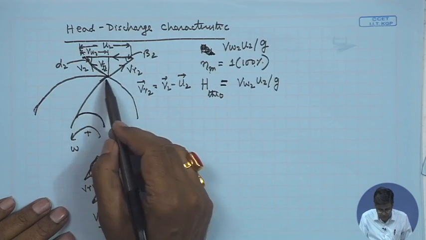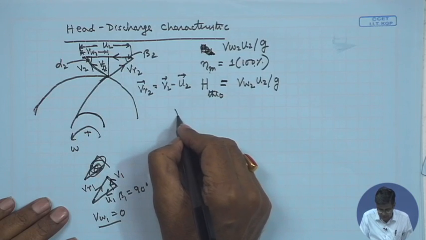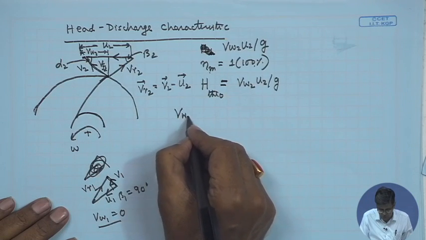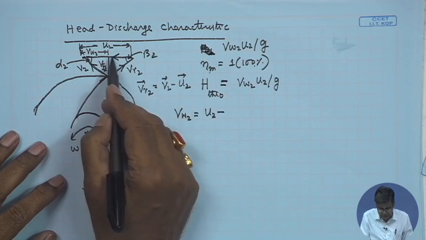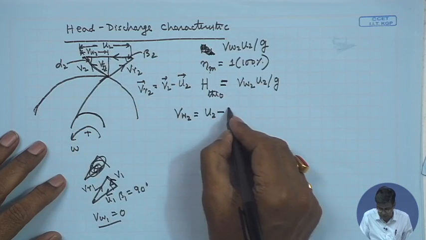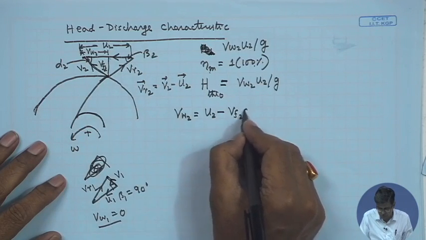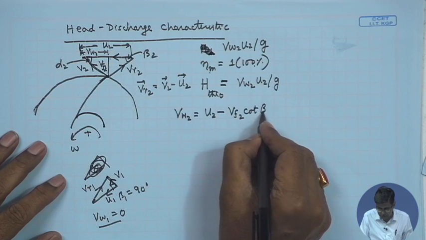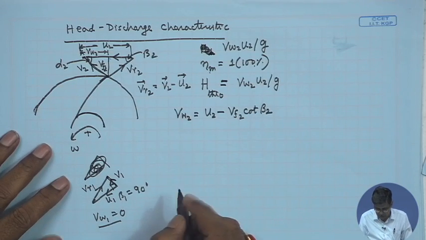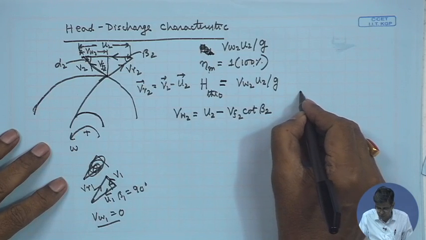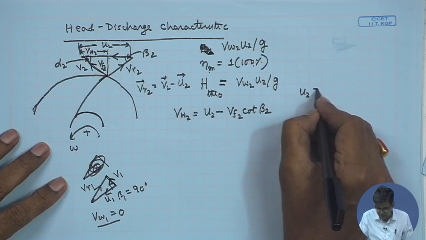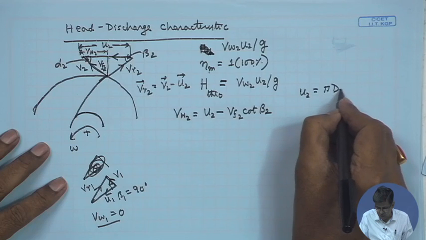Now, from this velocity triangle you see that Vw2 is U2 minus this part, which is Vf2 cot beta 2. Again we see that U2 is pi d2 n2.